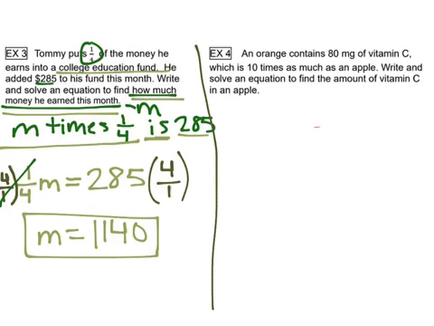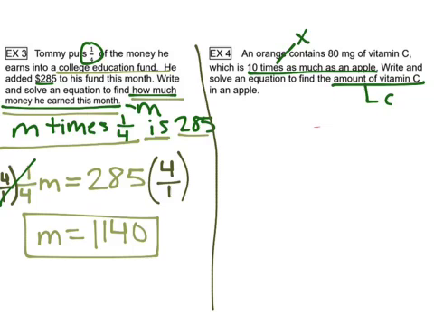So we're looking for the amount of vitamin C. Maybe I'll denote that as the letter C. So we have this part of the sentence, 10 times as much as an apple. What does times make you think of? Well, that would be multiplication.